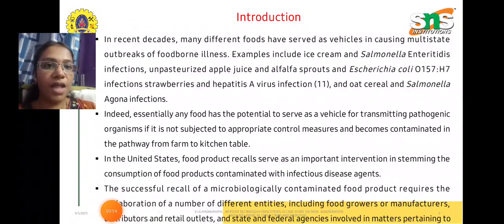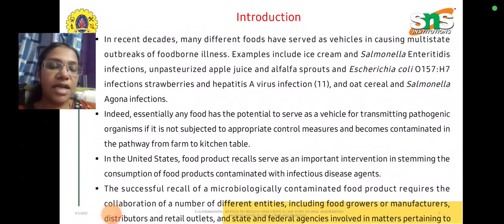In the United States, a food product recall serves as an important intervention in stemming the consumption of food products contaminated with infectious disease agents. The successful recall of a contaminated food product requires collaboration of many different entities, including food growers or manufacturers, and of course the retail outlets.